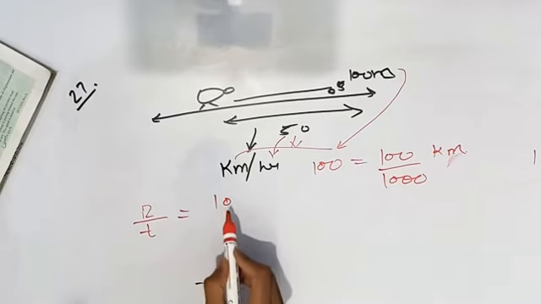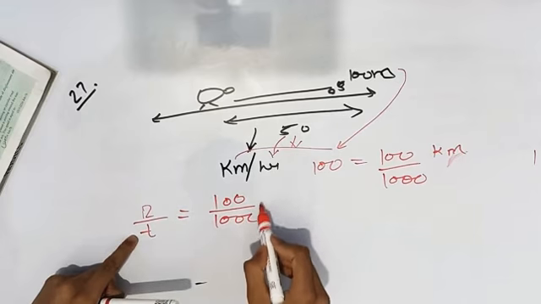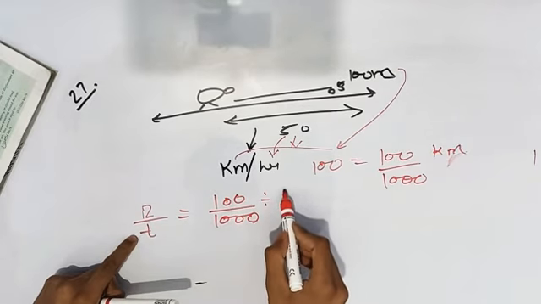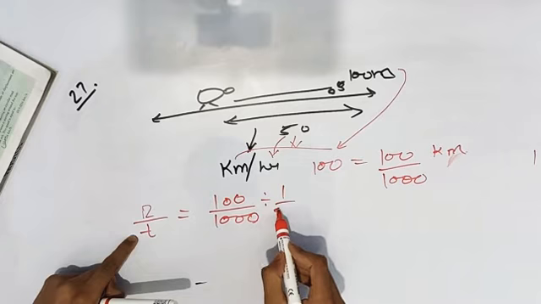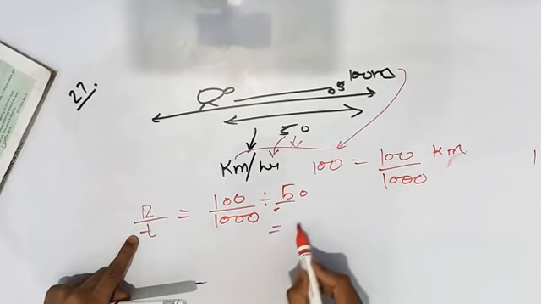So distance is 100 upon 1000, and the time taken is 50, so we divide by 50. Okay friends, so what will we get as the answer?